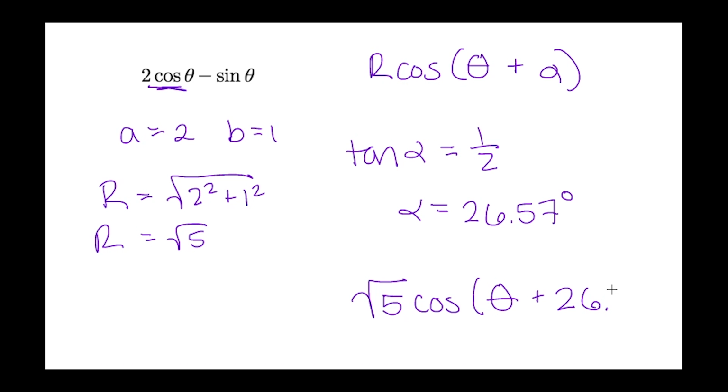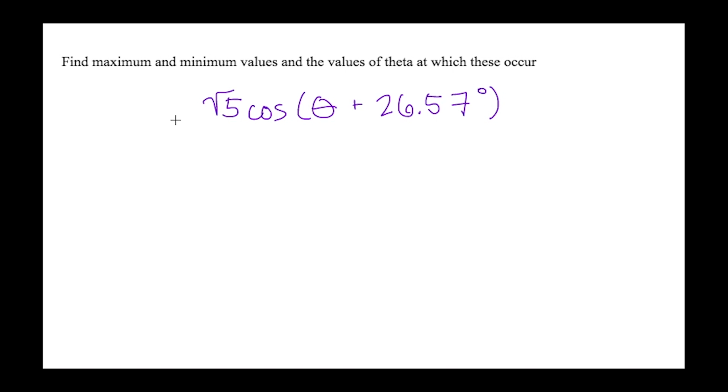So to rewrite this in our final form, the square root of 5 times the cosine of theta plus 26.57 degrees. The second part of the example asks you to find the maximum and minimum values and the values of theta at which these occur.